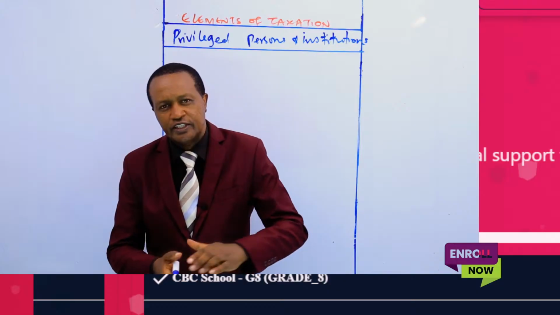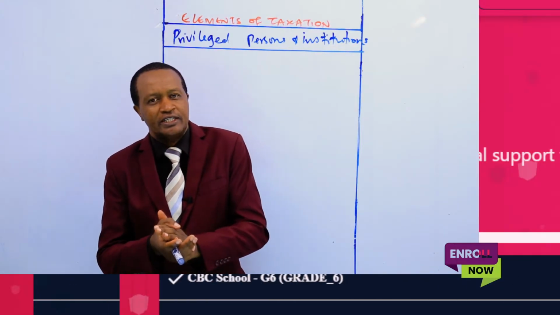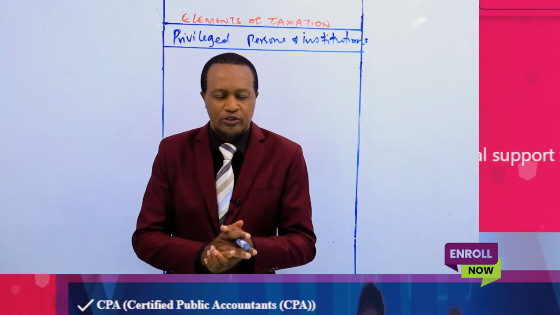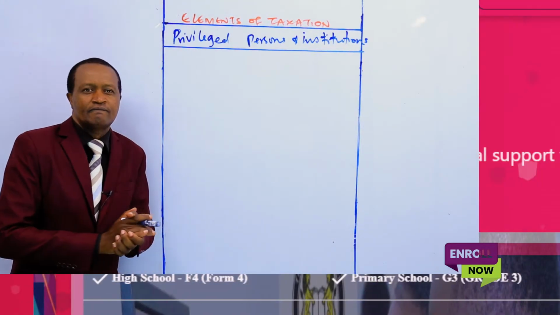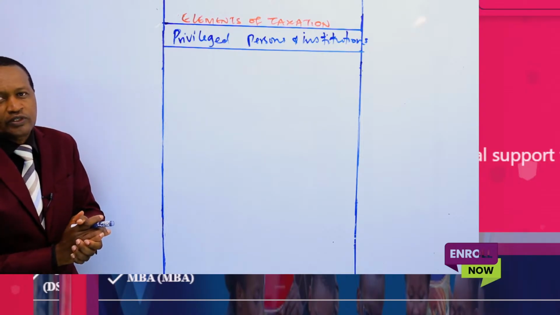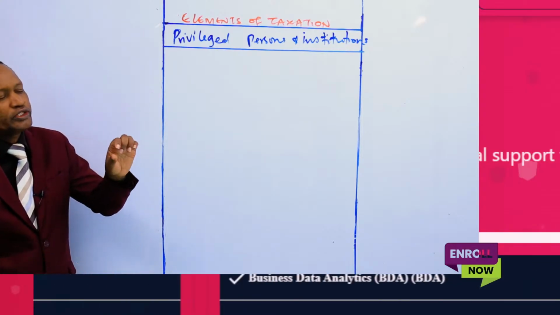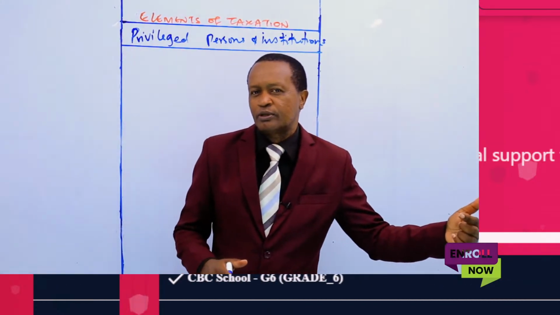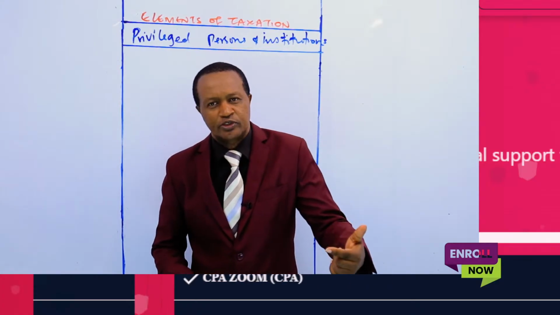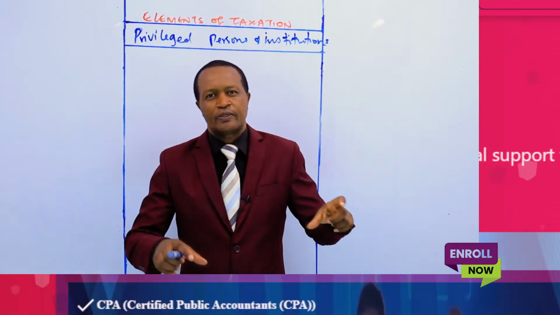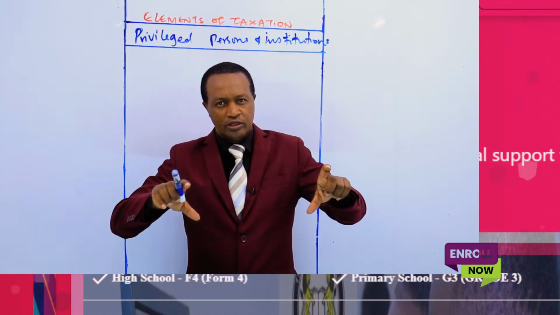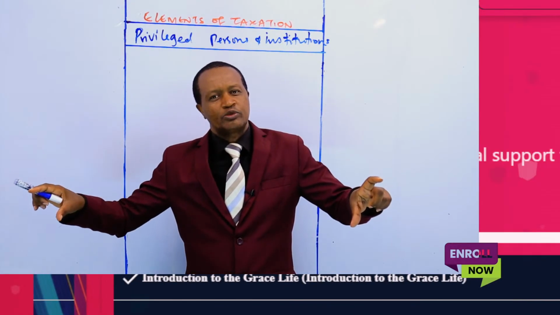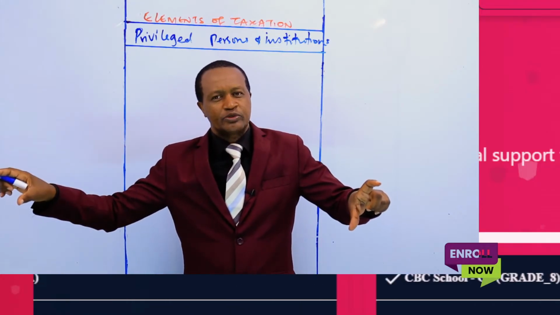The provisions on these privileged entities are primarily found in the Second Schedule, Part B of the VAT Act of 2013, titled Zero-rated supplies to public bodies, privileged persons and institutions.